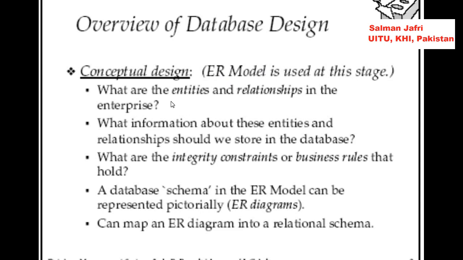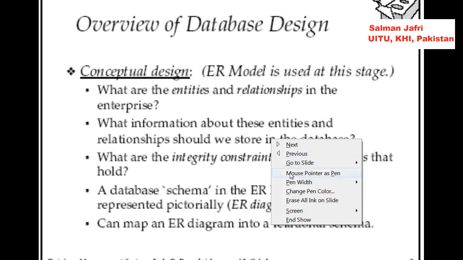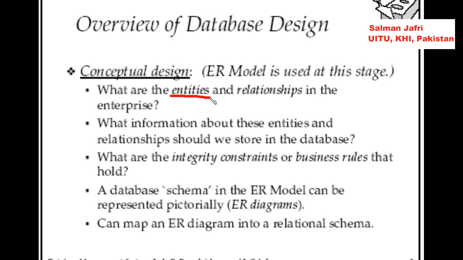And like we have discussed before, we are mainly concerned in this model with the number of entities in the system and the relationship of these entities with other entities, hence the term entity relationship. We are also concerned about the information about these entities and relationships that we should store in the database. This is precisely given by the term fields or attributes of the entities and the relationships.